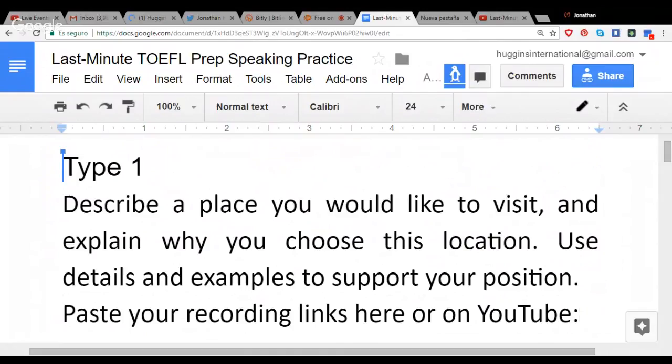Where can I find that? Oh, I think I have to look at the desktop version of this so I can see your comments. Just one second here.